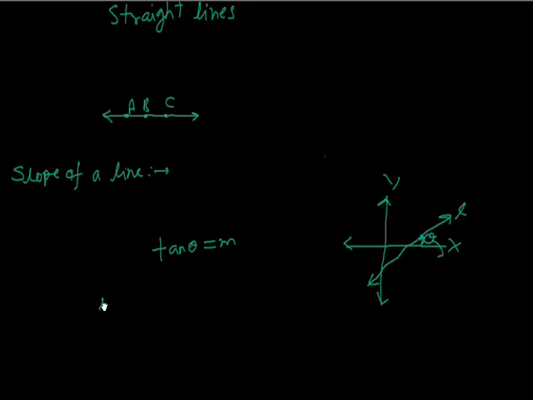Now here, if L is parallel to x-axis, then theta is equal to 0 degree, so m is equal to tan 0, which is exactly equal to 0. So here the slope of a line which is parallel to x-axis is equal to 0.